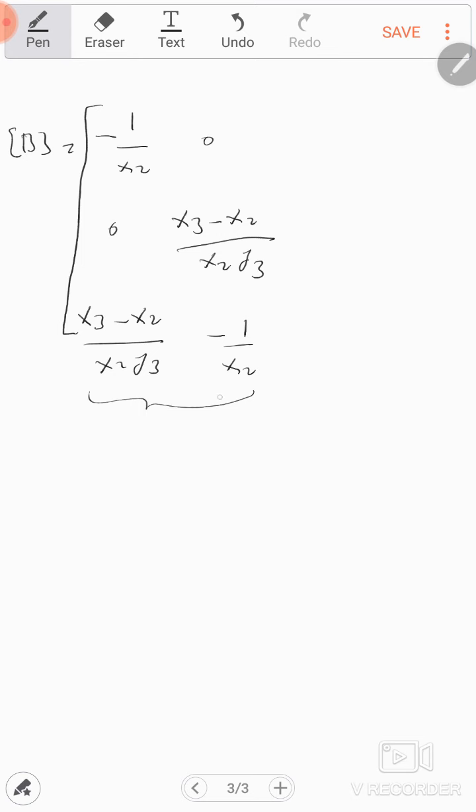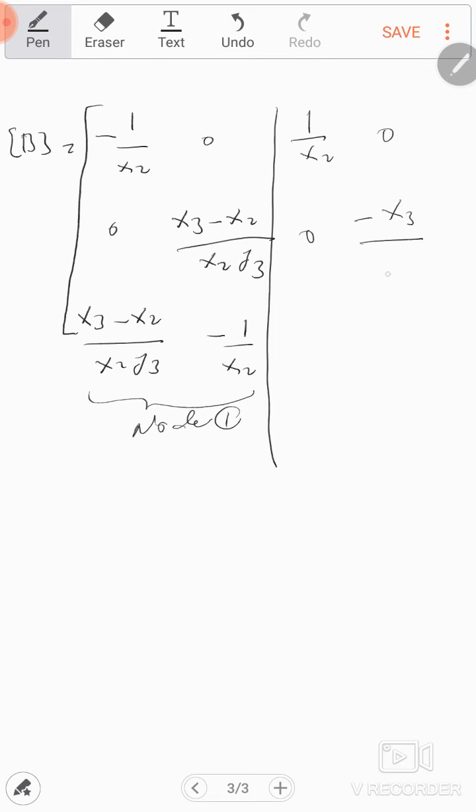This is for node 1. For node 2: 1 over x2, 0, 0, minus x3 over x2 y3, minus x3 over x2 y3, and here is 1 over x2.